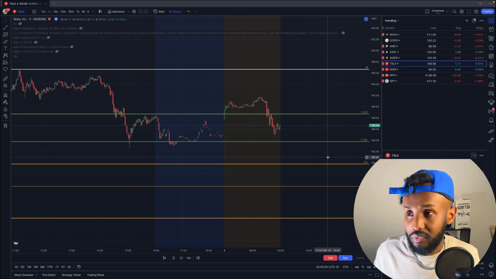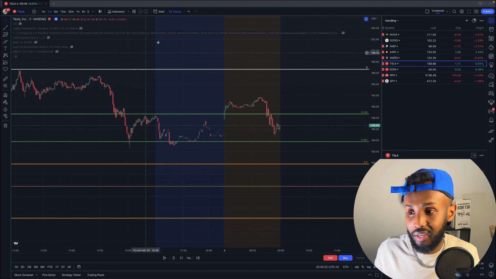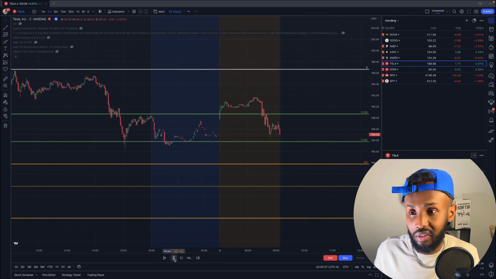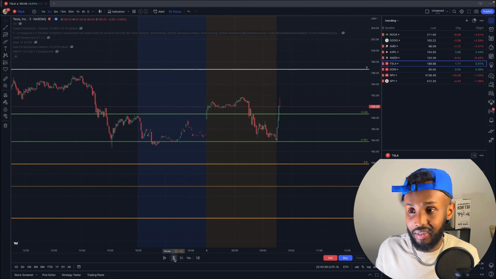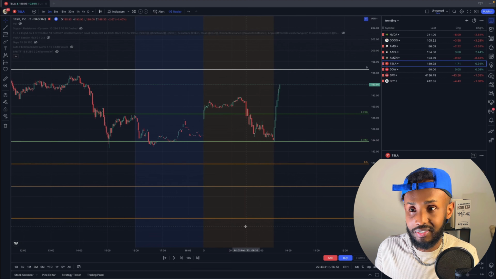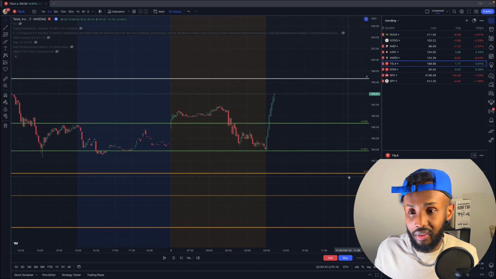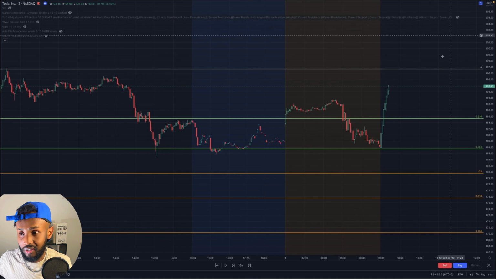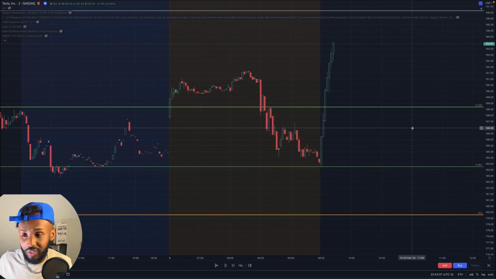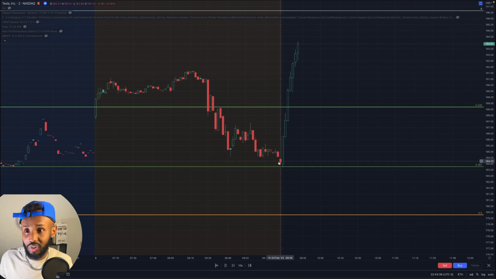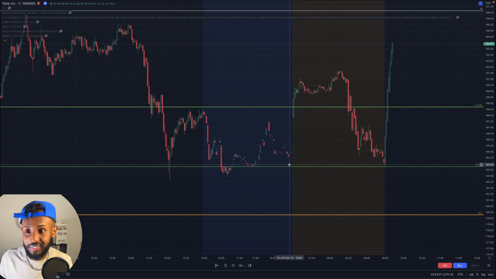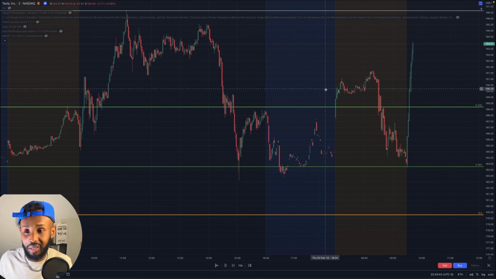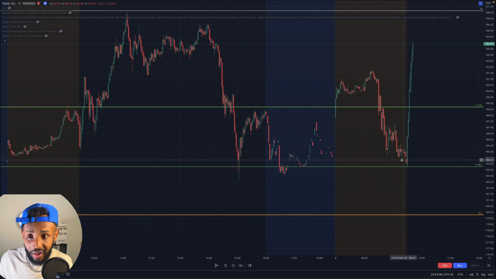So once we go ahead and play this, when Tesla opens up for the day, we can see it finds support at the 38% retracement. So it was at this high and it retraced back to the 38% level, and now we have a better entry.